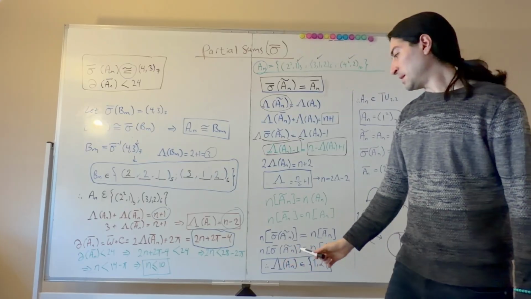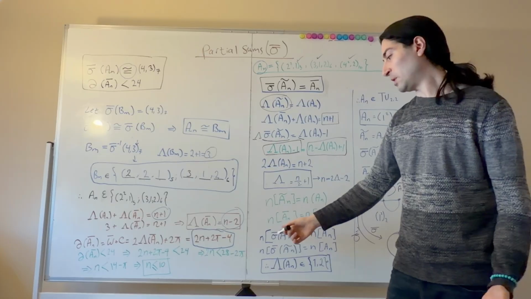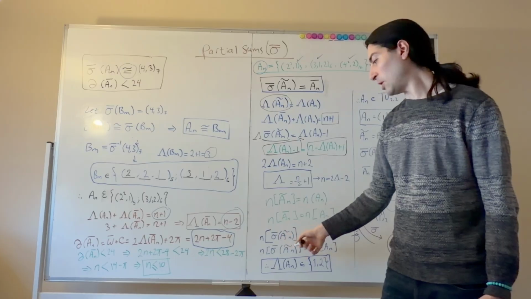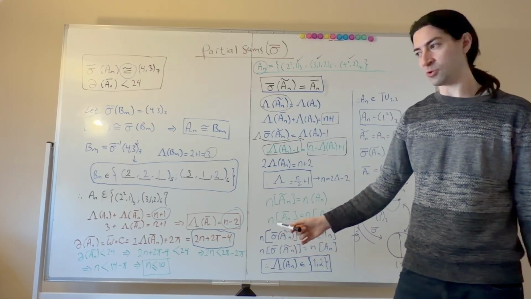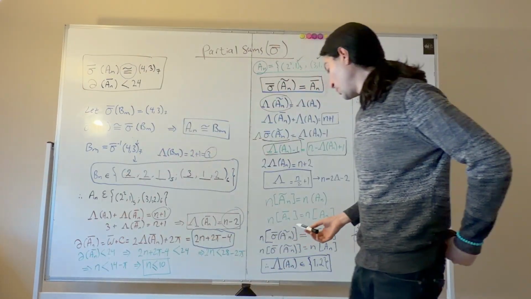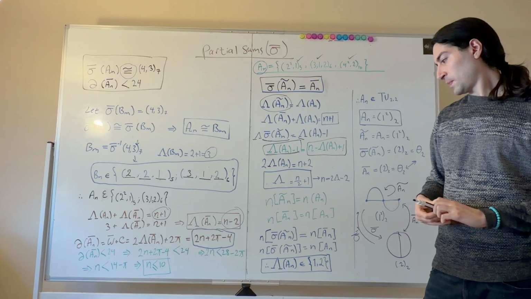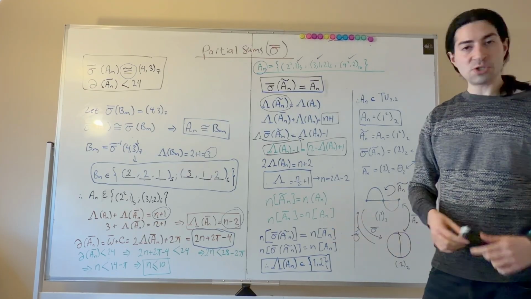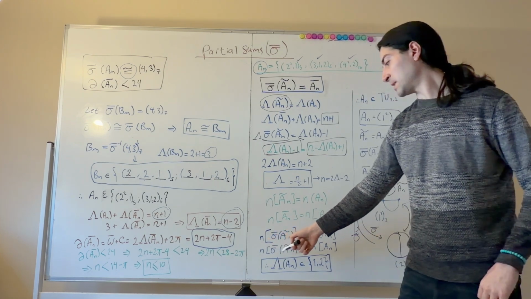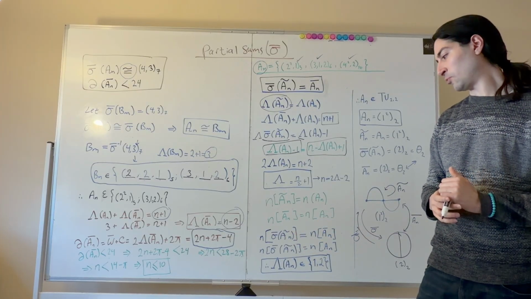So we can say that the degree of the partial sum, or this is what we're trying to solve for, the degree of the partial sum of the involute of a sectoral structure should equal the degree of the conjugate. So this is what we want. Since the degree of the conjugate and the sectoral structure itself are the same, we will say that the degree of the partial sum of the involute is equal to the degree of that sectoral structure that we're looking for.